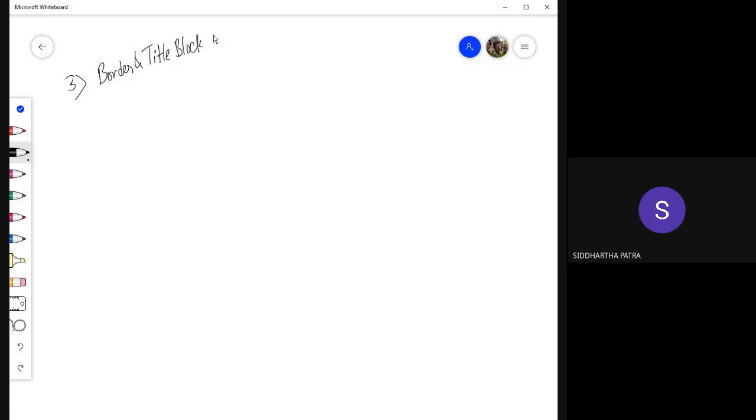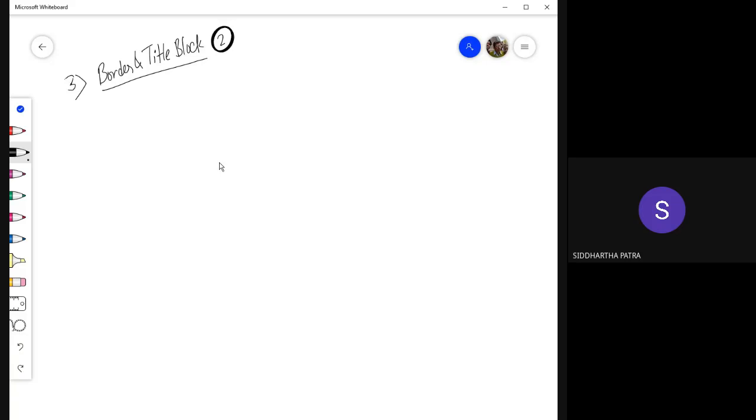I have reserved 2 marks for this, and more than 50% of you have got 2 out of 2. Mostly the border and the title block are fine, except for that line thickness issue. They have been mostly perfect. But then again, there are some issues.